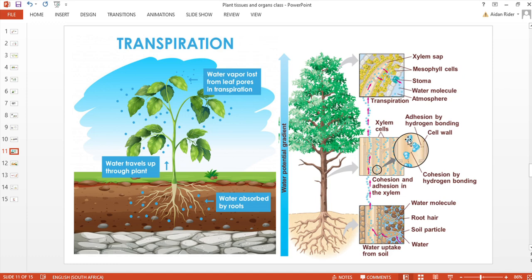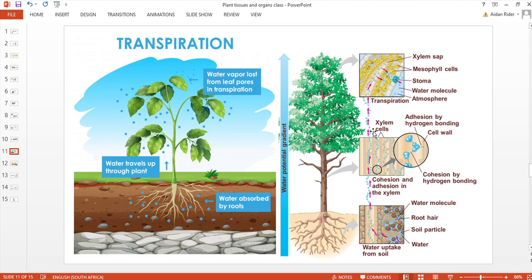It's these attractive forces between one water molecule and another water molecule. So these attractive forces also cause them to make one continuous string of water. The string won't break. These attractive forces can keep them together. So it's like this string of water is being pulled out from the soil to the top of the leaves.